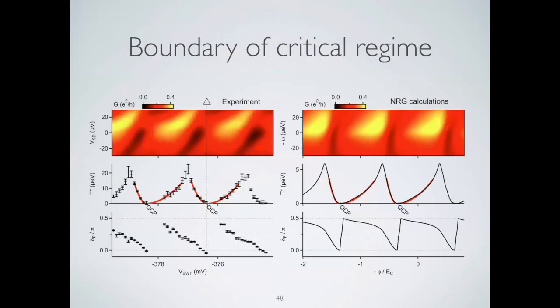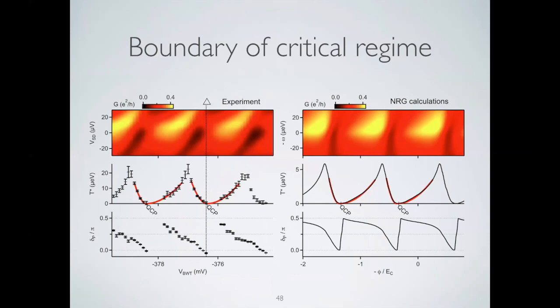We take data, we extract what is T star in this system as a function of gate voltages that tune the energy levels of the system. And you can see, we can find the quantum critical point, and we can see that T star rises, and it rises quadratically but asymmetrically on the two sides of the quantum critical point. Remarkably, this is directly echoed in the NRG calculations.